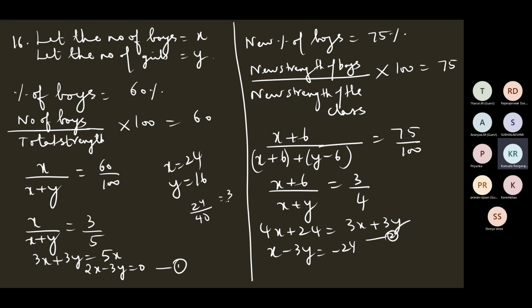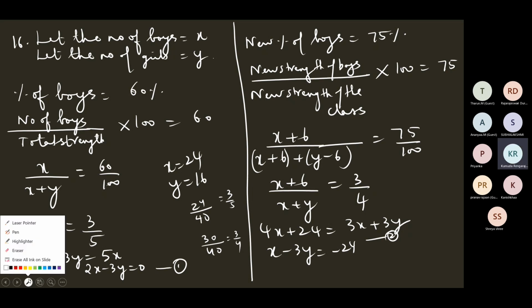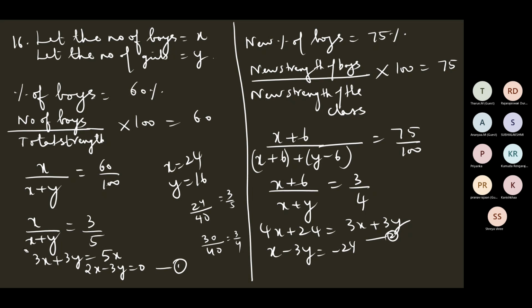The new strength is 30 boys, but the total strength remains the same, 40. And the new ratio is 3 by 4, correct. On solving, you'll get 24 and 16.